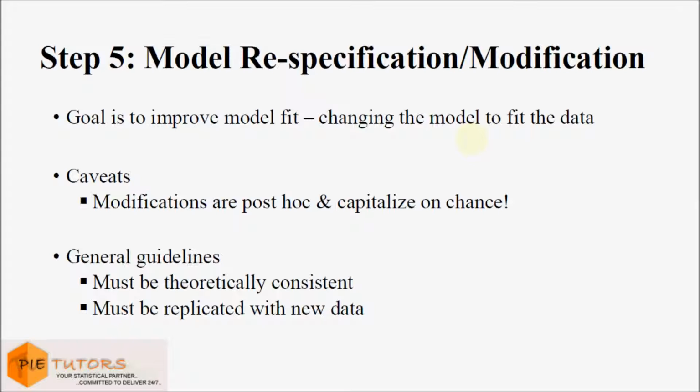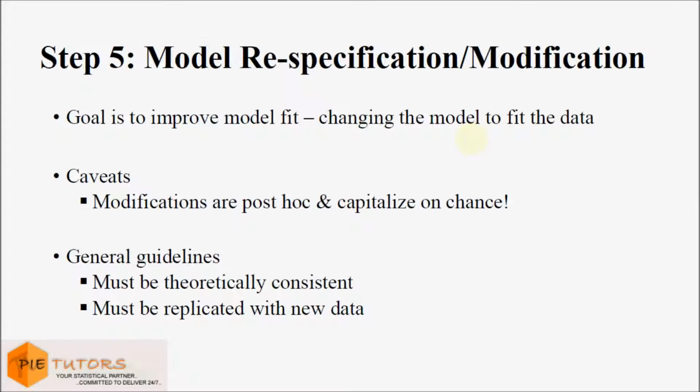Using modification indices, we can determine what modifications can be done to the model, such as adding a correlation between error terms or some other modifications. Modification indices give an estimate about the improvement in the model by the suggested respecification. However, it is important to note that modification indices are post hoc and they capitalize on chance and may not be consistent with theory.